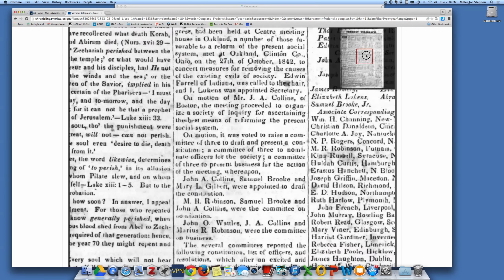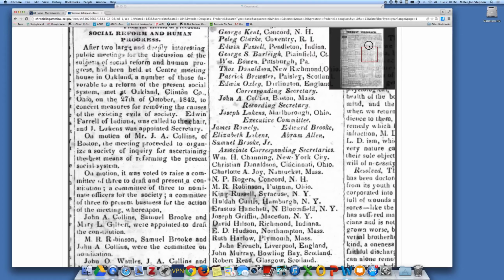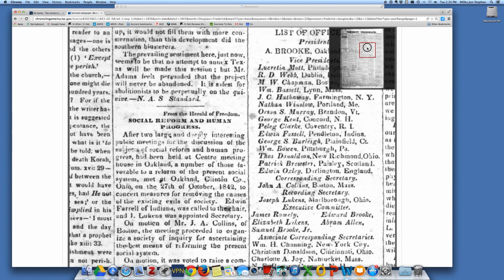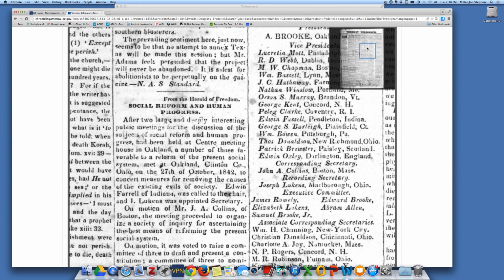So you can click and drag on this and move it around. It can be a little tricky. It takes a little getting used to depending on your sensitivity of your mouse and the size of your browser window and so forth. But it doesn't take too long to get the hang of it.